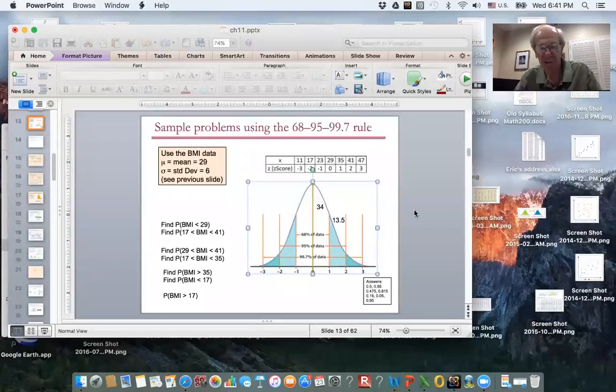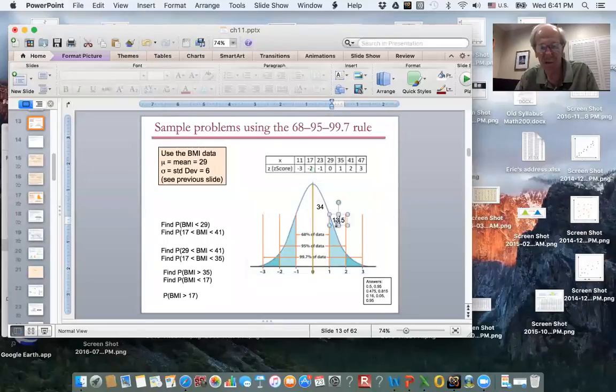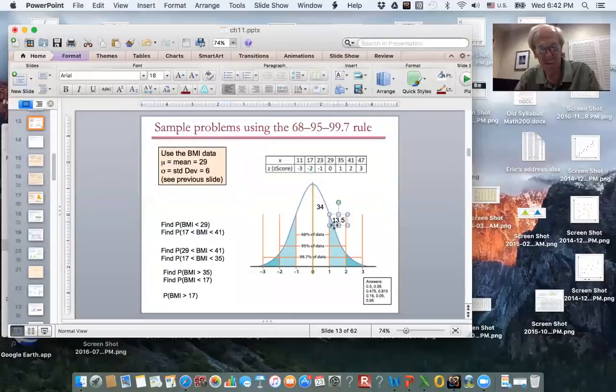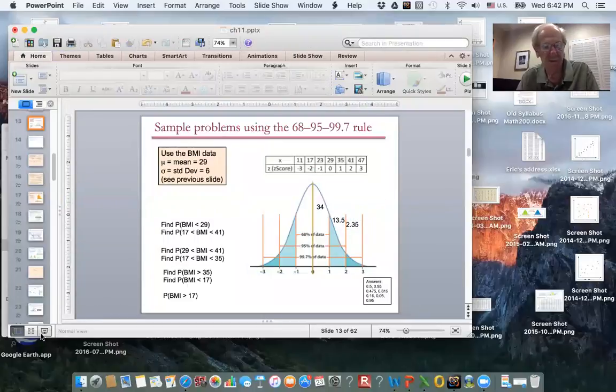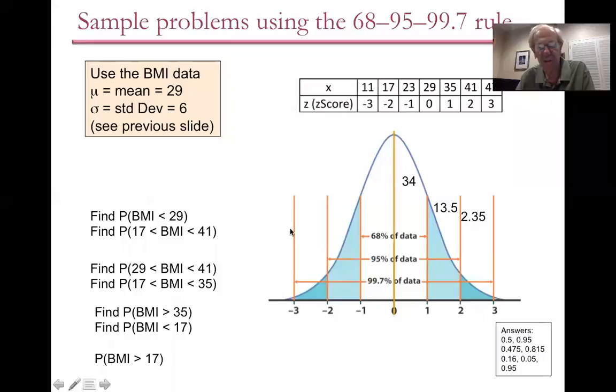So this area right here is 2.35. Okay, so now we can get this area. So if we look for between 29 and 41, that's this area plus this area plus this area. Which is 0.815, I hope.